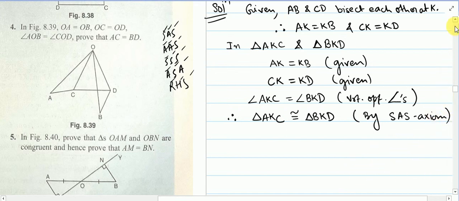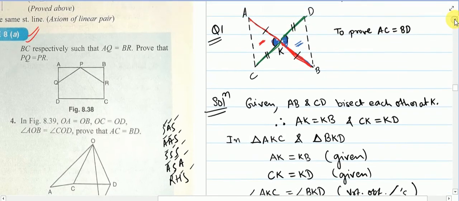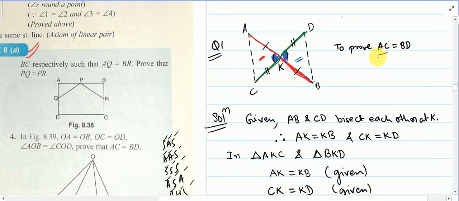So this much is done, but what are we supposed to show? We are supposed to show that AC is equal to BD. Now we have shown that these 2 triangles are congruent. If these 2 triangles are congruent, then corresponding sides will be equal and corresponding angles will be equal.